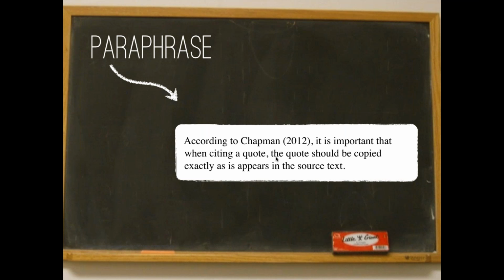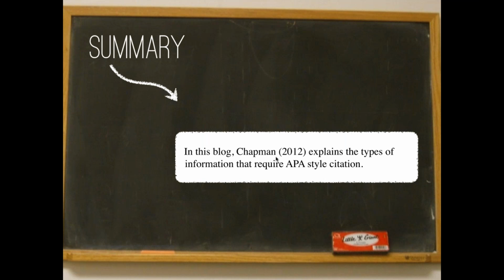We've used kind of a signal phrase here, and you can use a parenthetical for paraphrases as well. So Chapman would also be in parentheses at the end of the sentence. But I think especially with paraphrases and summaries, it's nice to use that signal phrase. All right, so summaries look very, very similar. As with a paraphrase, again, we still need to cite the author's last name and the year of publication, but not the page number.